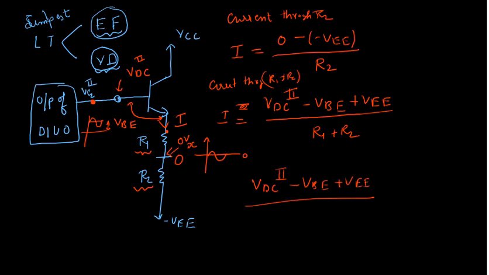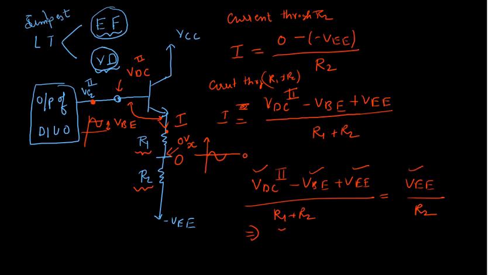See, we are ignoring the AC component present here because we only want to shift the DC part. So we are only doing the DC analysis in a way. So we have to choose the values of R1 and R2. This is given to you, this is given to you, this you know, this you know.